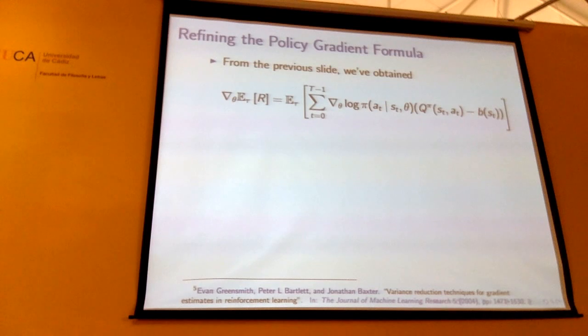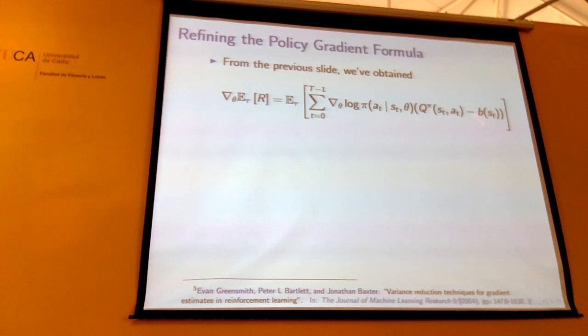Is it because you now remove the expectation? In the previous formula you had the expectation of the sum of the rewards minus the baseline, but the baseline is on these, so you take the expectation out here, right? I mean, it's not a variable. Right.